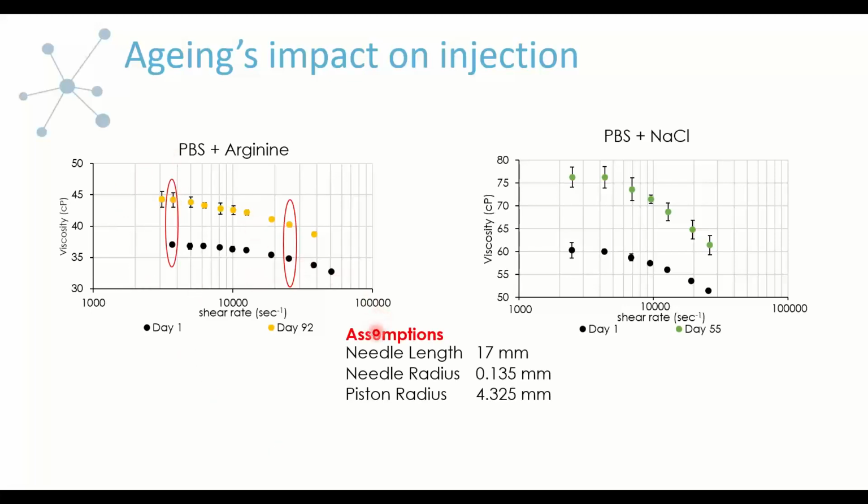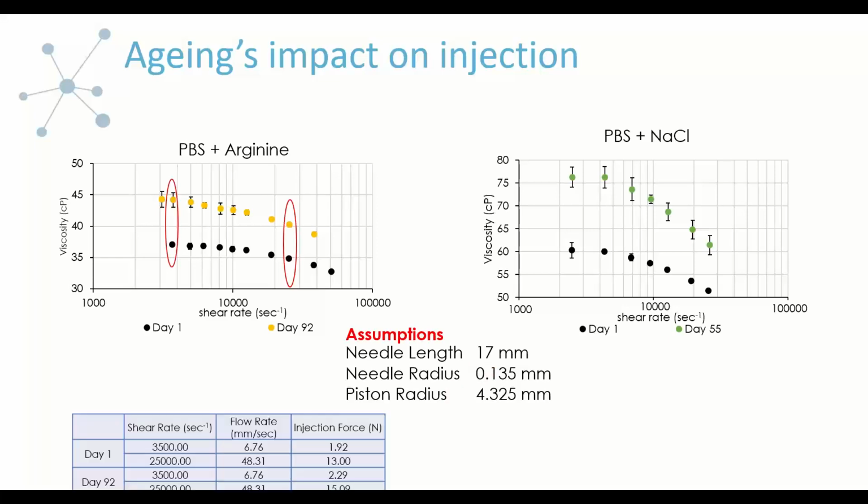So here are some assumptions that we made to calculate the injection force: a needle length of 17 millimeters, a needle inner radius of 0.135 millimeters, and then a piston radius, of the barrel of the needle holding the drug, of about 4.325 millimeters.